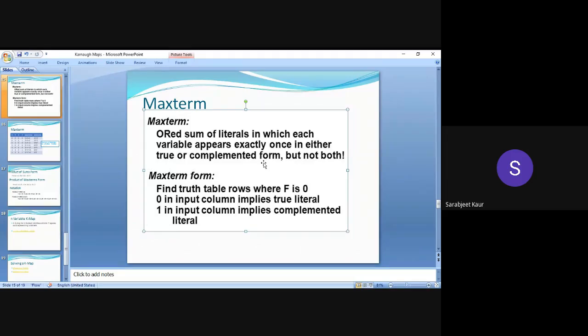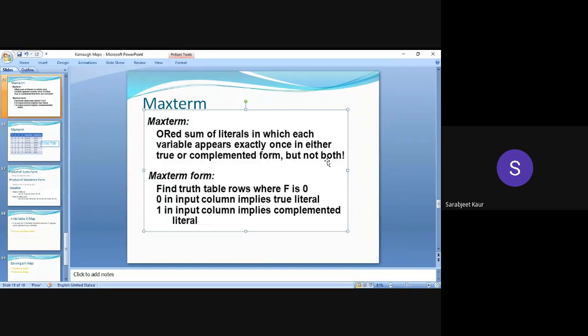Then if I put A or A dash and then I add to it or B dash or C dash or whatever, it will eventually come out to be 1, because A or A dash is 1, and then 1 ORed with anything always gives me a 1. Okay, so that is why you see the 'but not both' condition augmented here. Okay, this also holds for the min term.